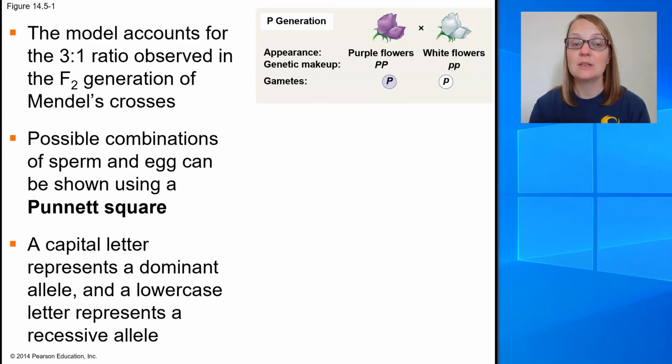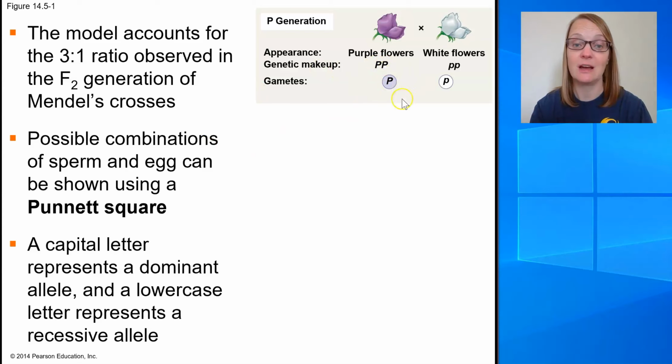Now, when both of these P generation flowers form their gametes, remember they use meiosis, and during meiosis you separate homologous chromosomes so that each gamete only gets one set of chromosomes. So all the gametes for the purple flowers are only going to get one copy of every gene. In this case, the only version that the purple flowers have to give is the dominant version of this particular allele.